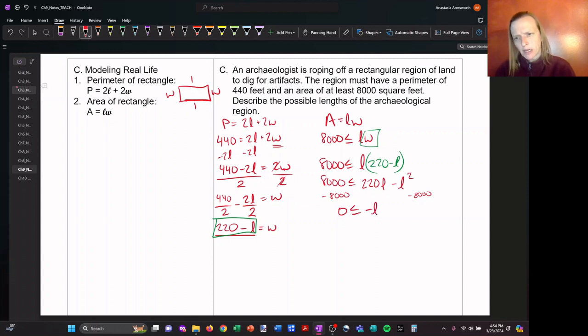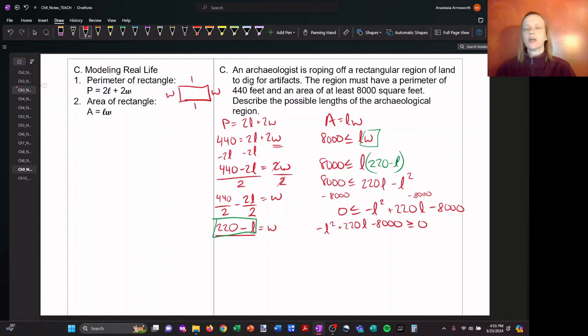And writing this in standard form, I'm going to get negative L squared plus 220L minus 8,000. It might be helpful to flip this around so that we're thinking about negative L squared plus 220L minus 8,000 being greater than or equal to 0. So we want to think about where this is greater than or equal to 0.